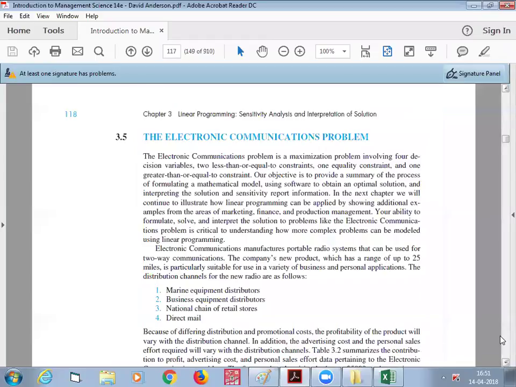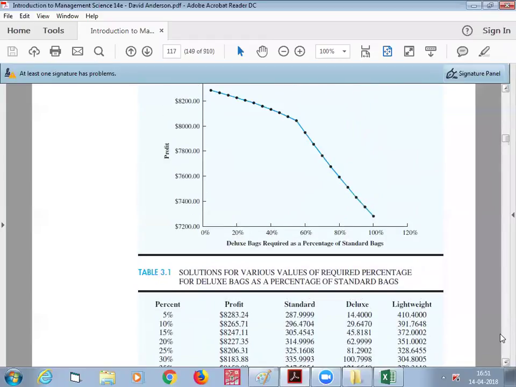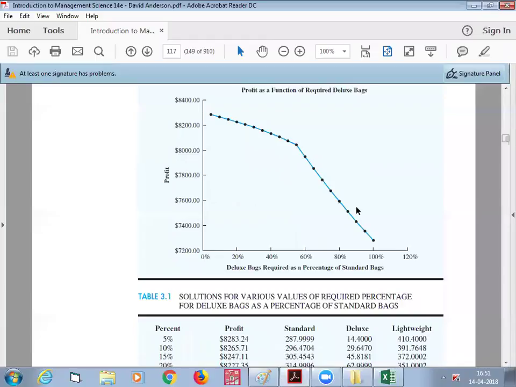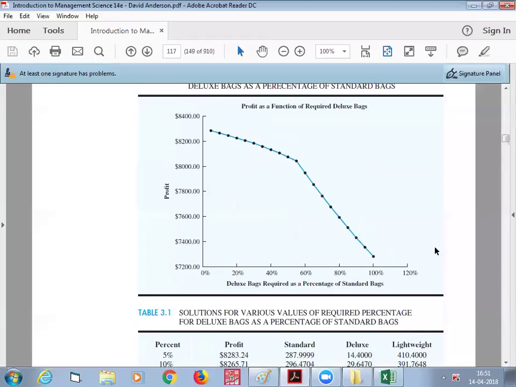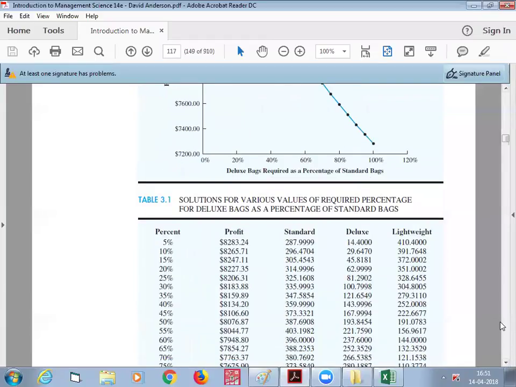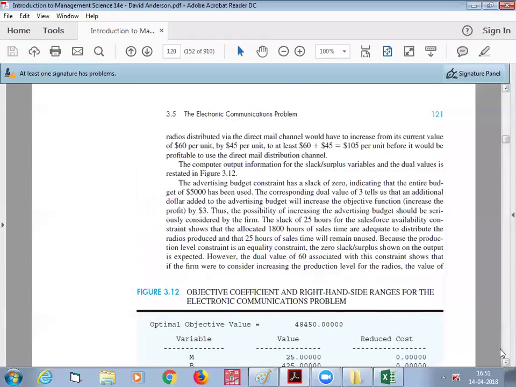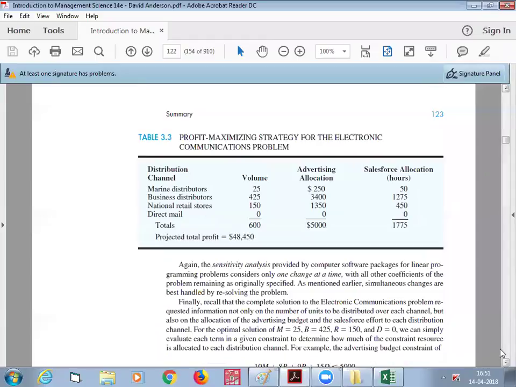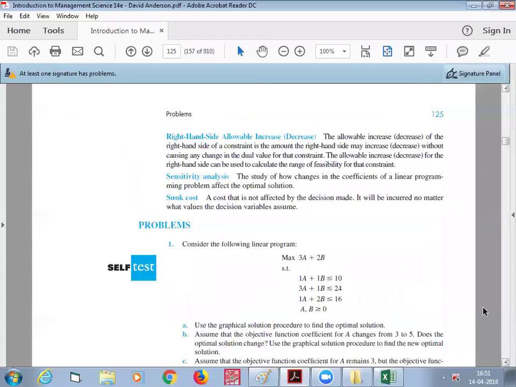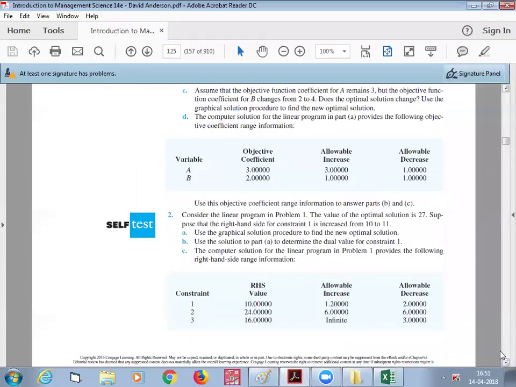This is what I was talking about before you came, parametric analysis. This is an example of parametric analysis. Now the problems start, so let's look for a nice problem.